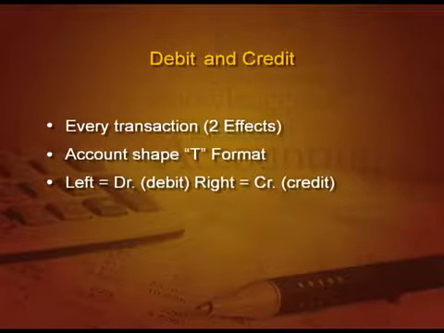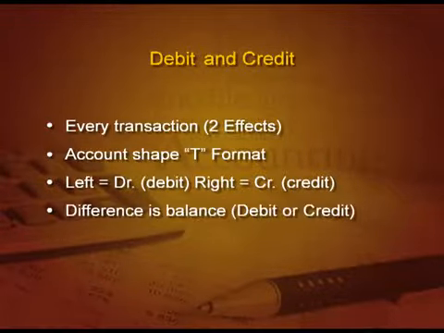In the T format, on the left hand side we show the debit side, on the right hand side we show the credit side. So, left is debit, right is credit, and the difference is the balance. It can be debit, it can be credit. If the debit side is more, the difference will be debit. If the credit side is more, the difference will be credit.